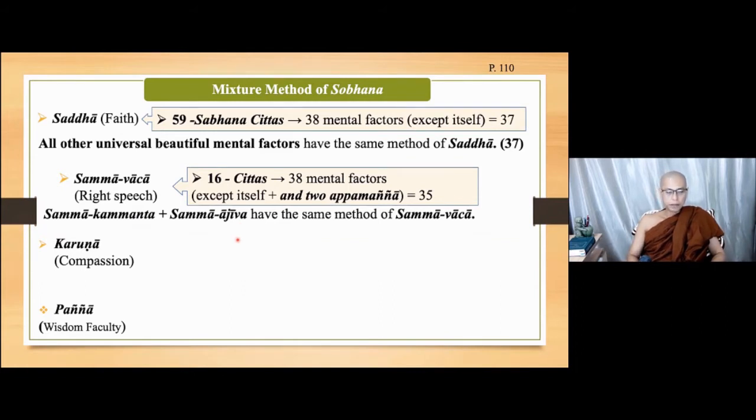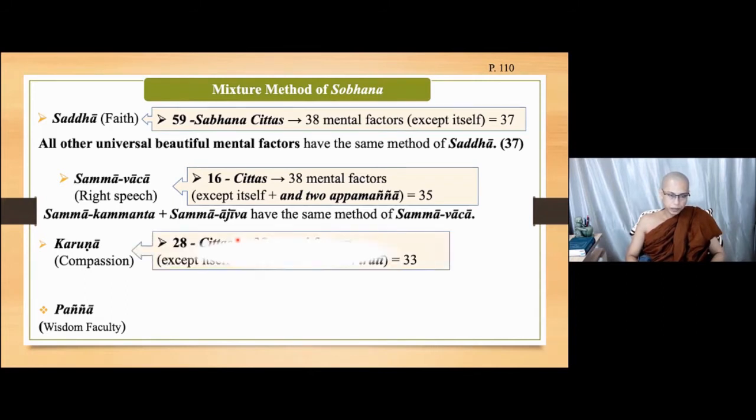Then the Appamannas, Karuna and Mudita. Compassion can arise with 28 consciousness. You may remember the 8 great wholesome, 8 great functional, and the former 4 jhanas up to the 4th jhana, 12.